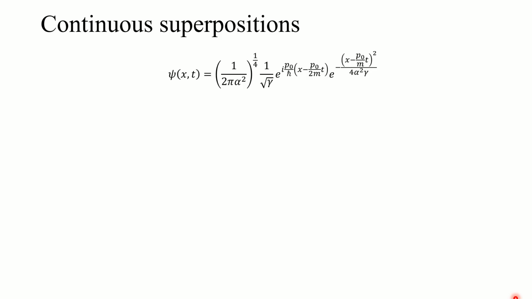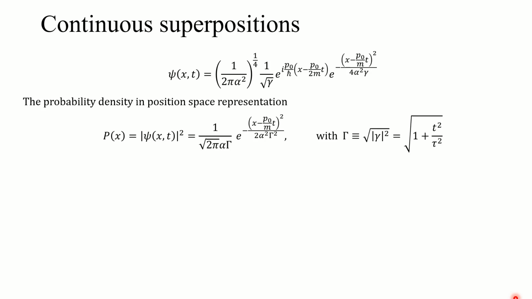Right. So we have that. Now we can look at the probability density in position space representation. What is the probability of measuring this particle at some position? Well, that probability density is just the amplitude, the complex square, of that wave function.